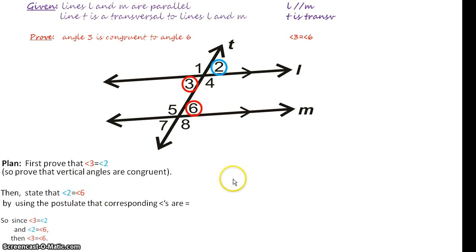So that's our plan. You may think to yourself, we have a theorem that says vertical angles are congruent. But in this exercise today, we're rigorously proving this alternate interior theorem. We're not going to rely on any theorems previously learned or not learned.